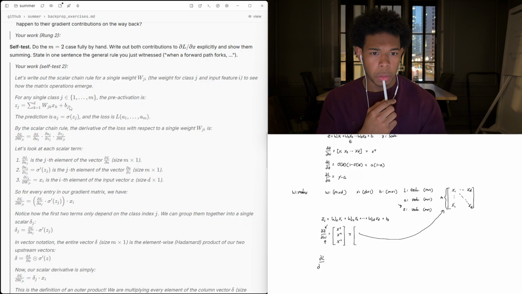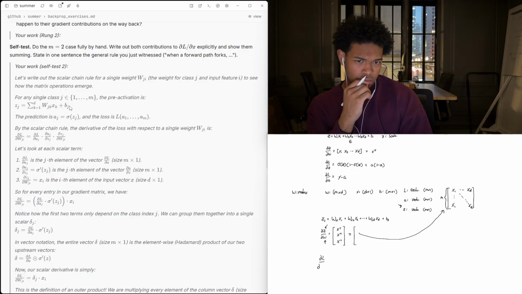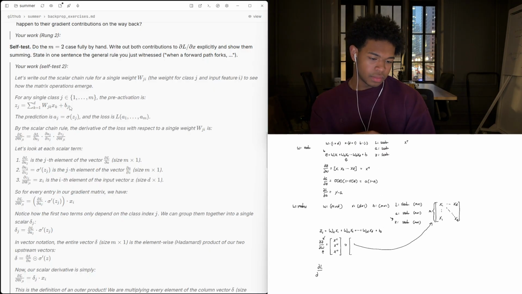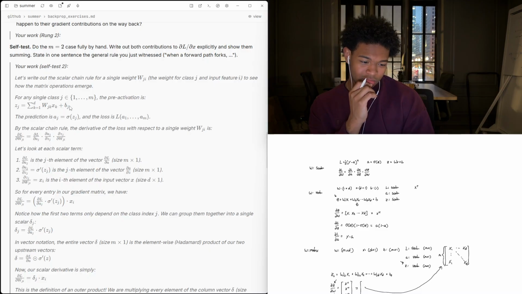Are we sure L is a scalar? For mean squared error, that would be element-wise.